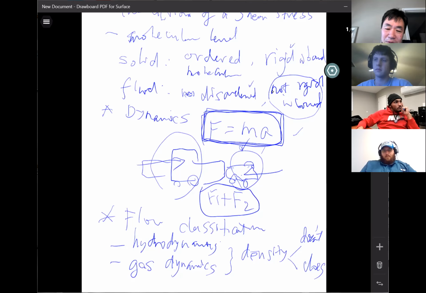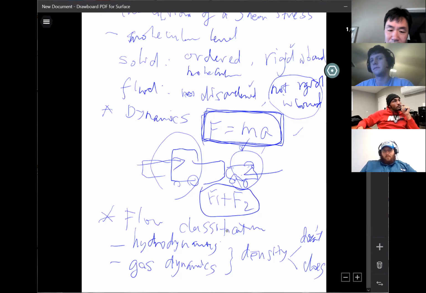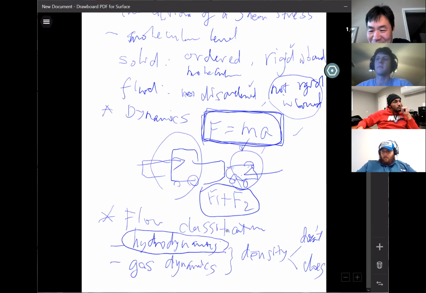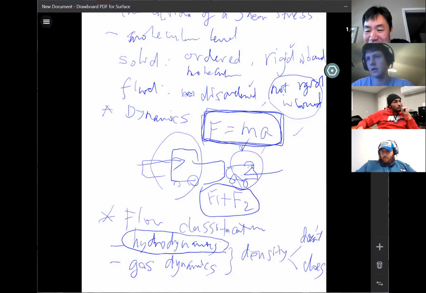So that's the difference. In this class, we focus on this one. Your life is much easier with this because density is a constant. Do you remember that slide I showed you, the governing equation, the partial differential Navier-Stokes equation? Density is actually in the numerator.